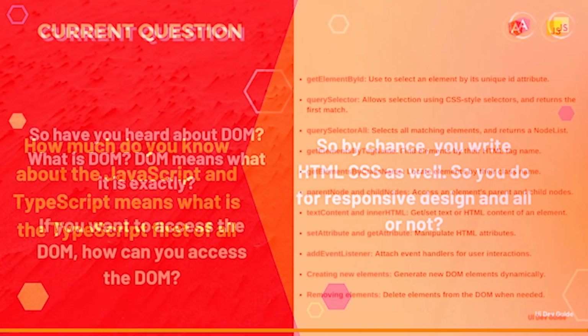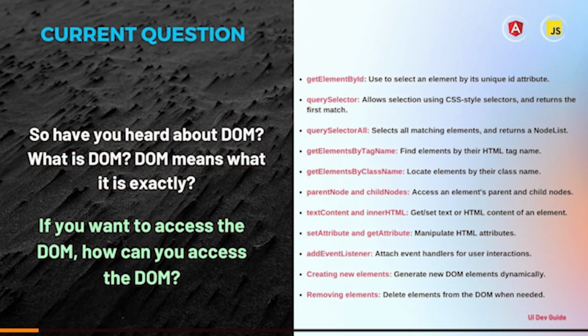So have you heard about DOM? What is DOM exactly? It is the screen we are seeing in our browser at that particular time. That is called DOM. And if you want to access the DOM, how can you access it?